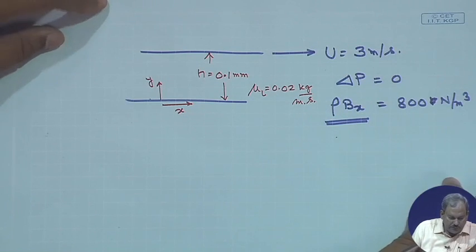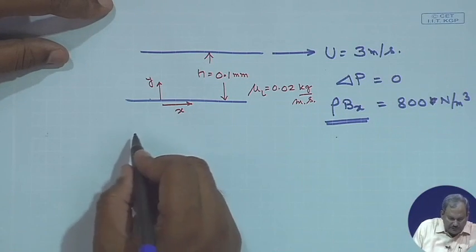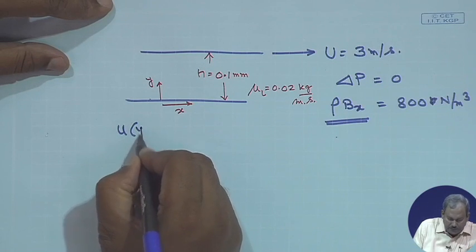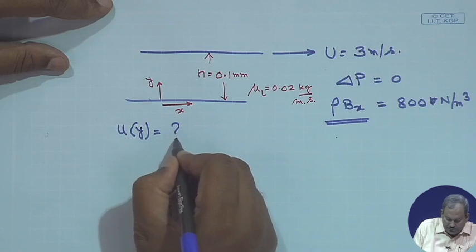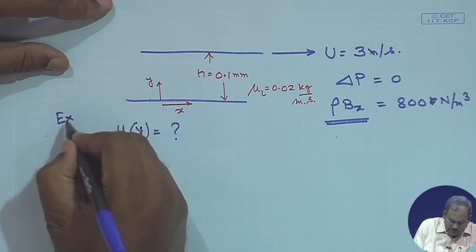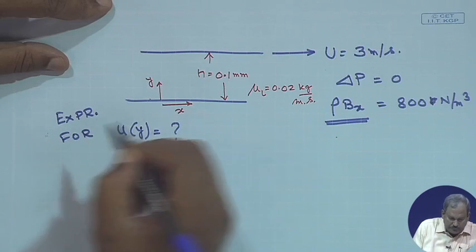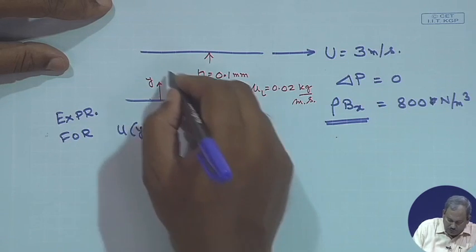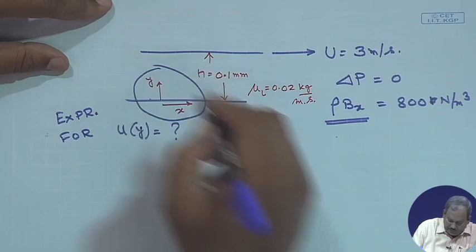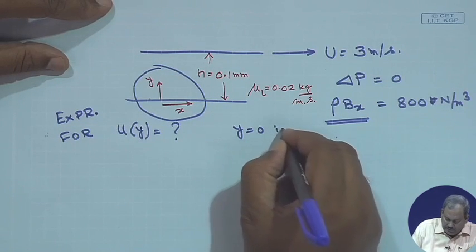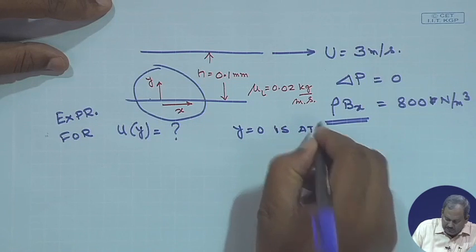What you need to do is find the velocity profile, the expression for u as a function of y, and the coordinate system is given like this, so that y equals 0 is at the lower plate.